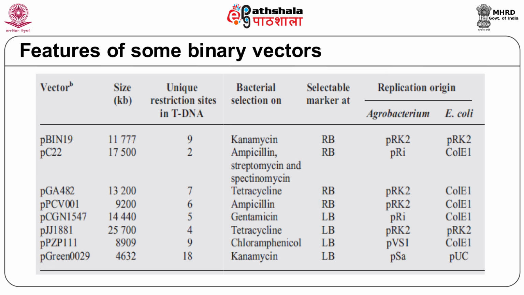The binary vectors available vary in size, replication origins, unique restriction sites, and the selectable marker available for bacterial selection. For example, if the binary vector pBIN19 is introduced into the LBA4404 Agrobacterium strain, the recombinant LBA4404 will grow on kanamycin medium since pBIN19 harbors the kanamycin resistance gene.